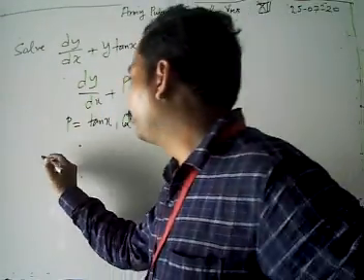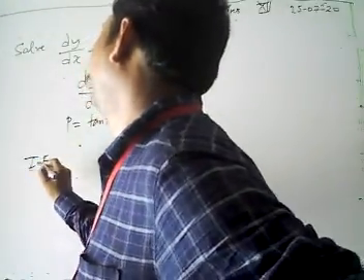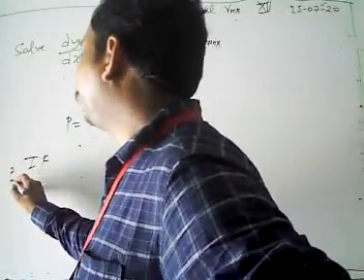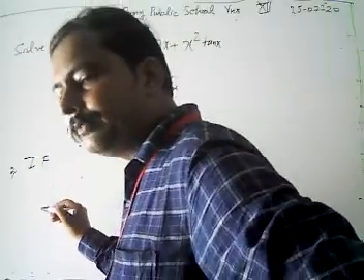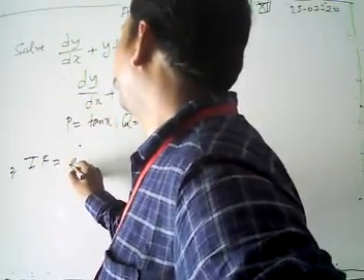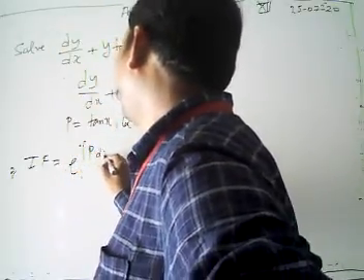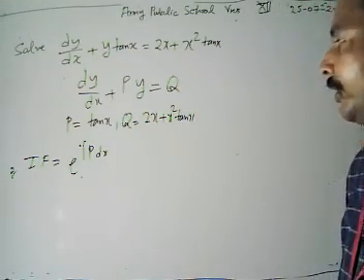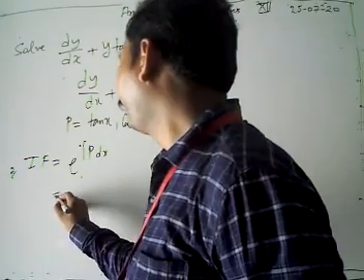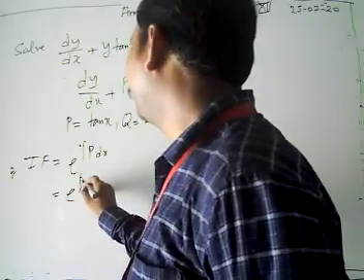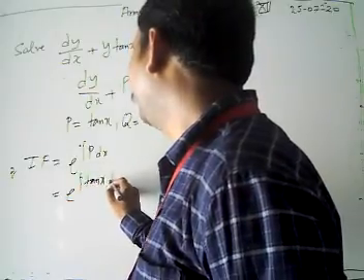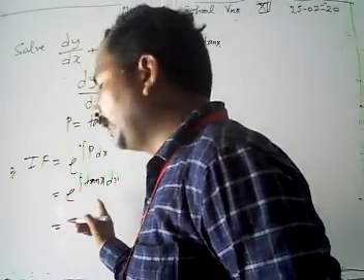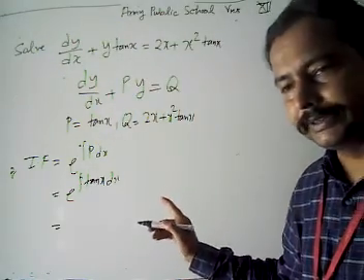Now we have to use our second step. What is our second step? To get the IF. How can we get the IF? It is e to the power integration of P dx. Our P is tan x. It's the integration of tan x dx, and the integration of tan x is log sec x.